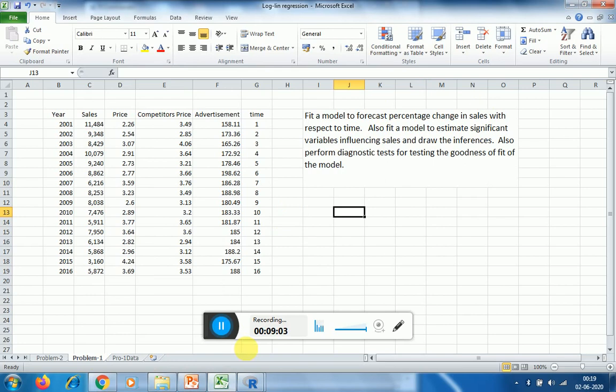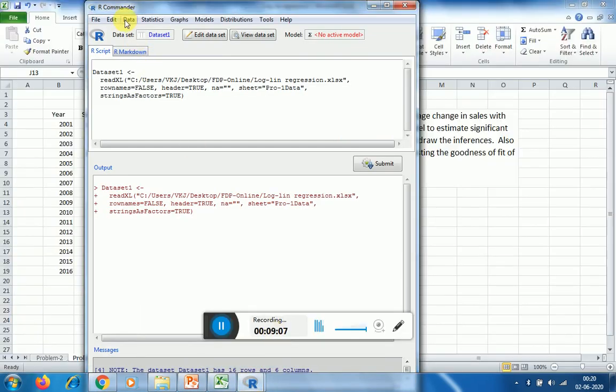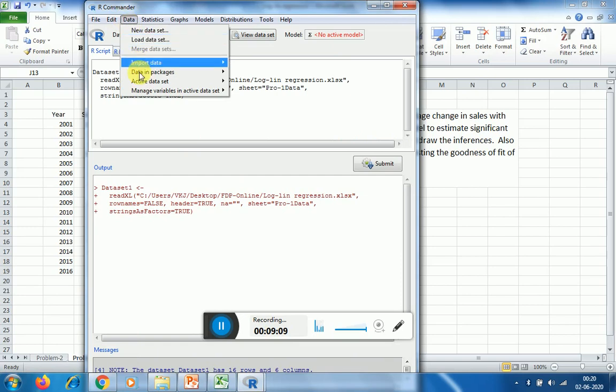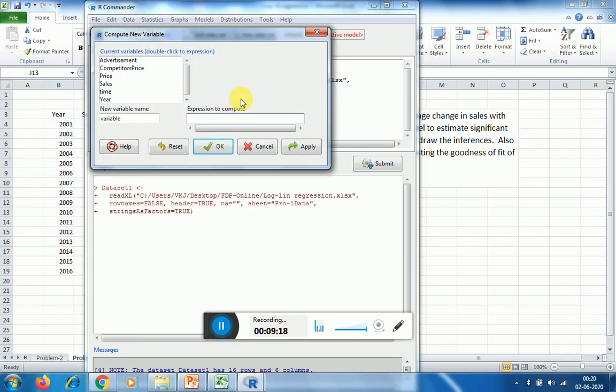So we need to first take the logarithm of sales. So here we can do that by going into the data, manage variables in active data set, compute new variable. Now here I select sales, then I name this variable as ln sales, that is logarithm of sales.